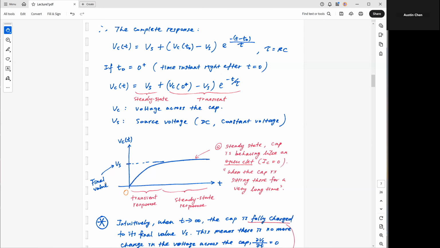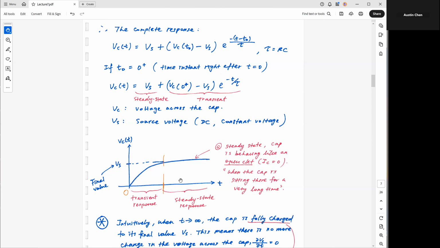If I were to mark this time instant here, I'm going to say this time instant here is equal to 5 tau. So before 5 tau, the circuit is still in the process of figuring out where the final value is and so forth. And of course, the process is gradual. You start from 0 volts and then go all the way to the final value.